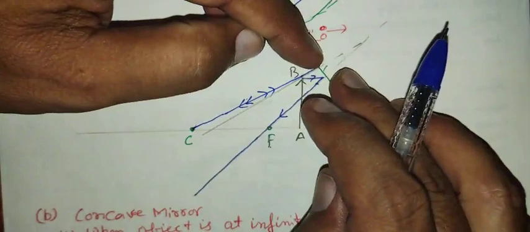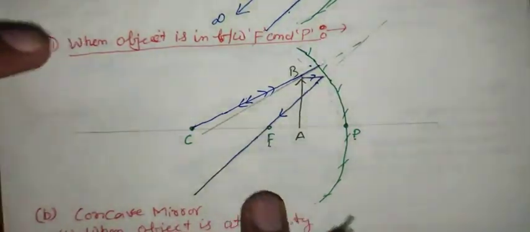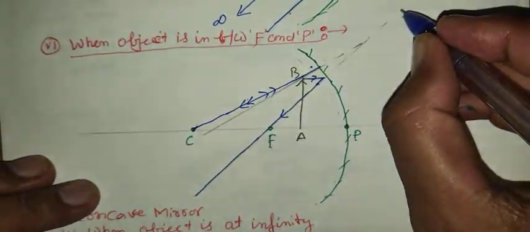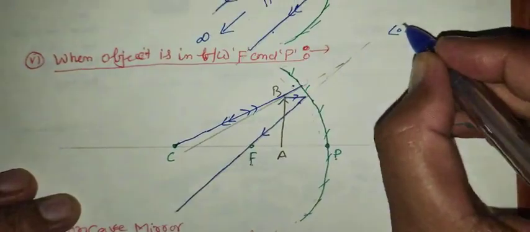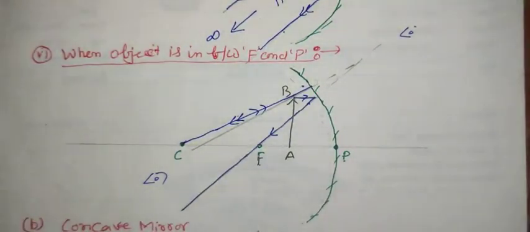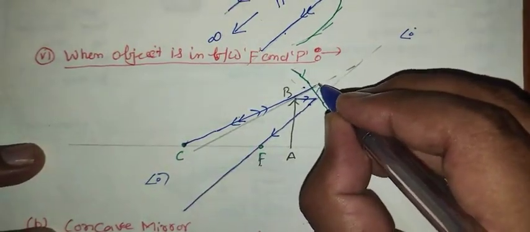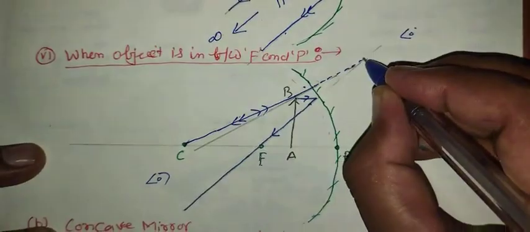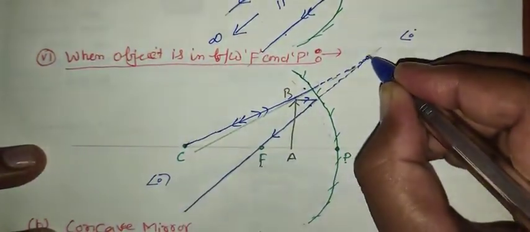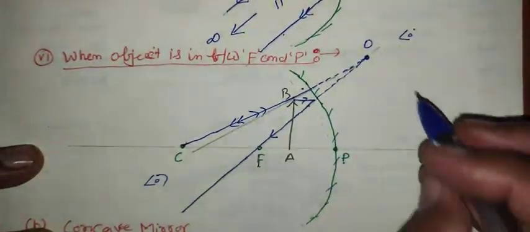When these two reflected rays move this side, the distance between them is increasing, so they can never meet on this side. If a person views from here, he will feel that. Let us extend both reflected rays in the backward direction by dotted lines. They seem to come from a common point O.